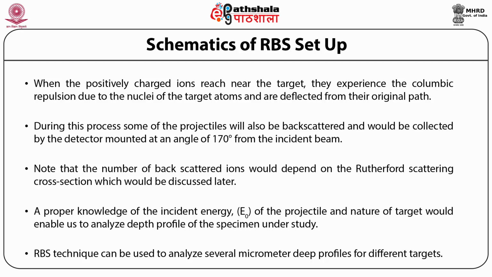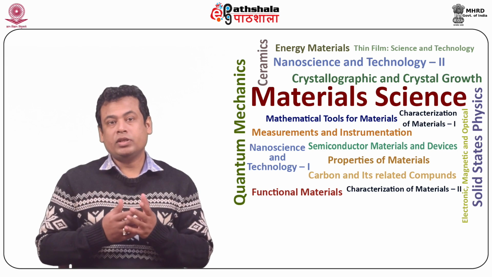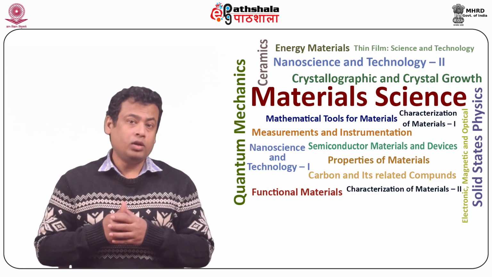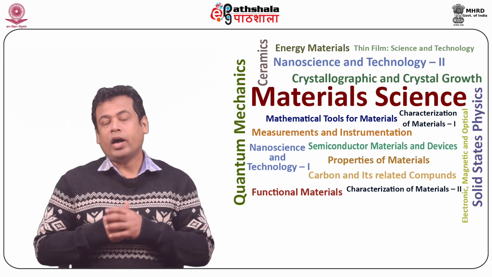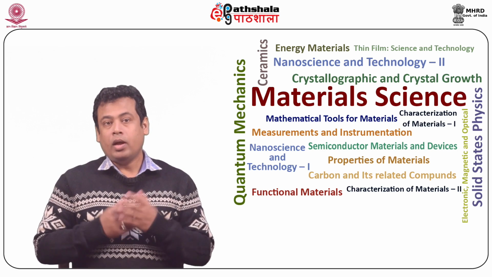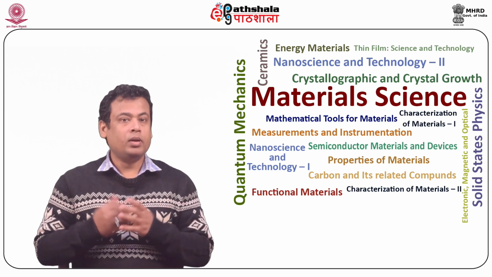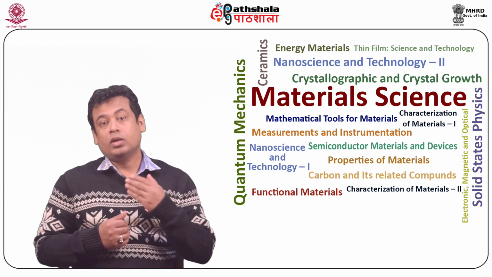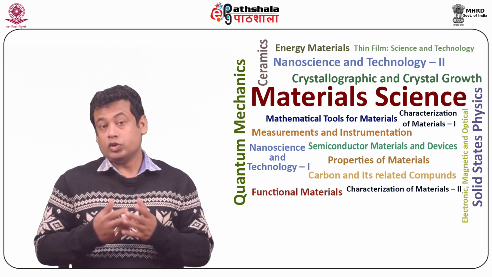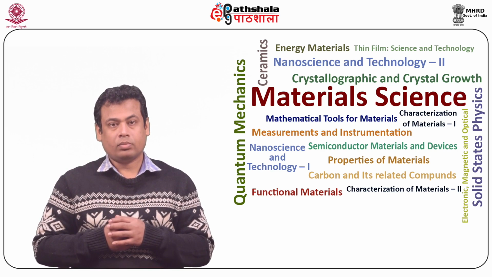The output is displayed as a spectrum on the computer screen and hence is called backscattering spectrometry. Now, let us see what is the basic physical concept behind this RBS technique. RBS involves the scattering of two different particles having different energies associated with them.